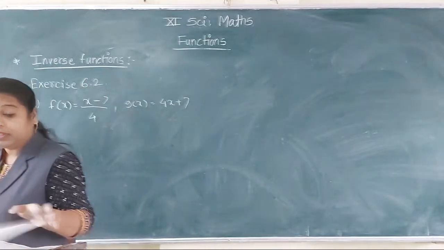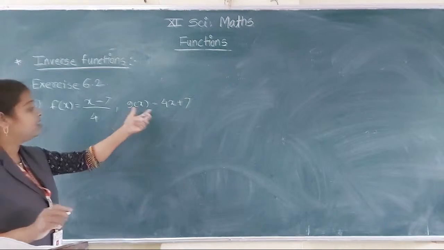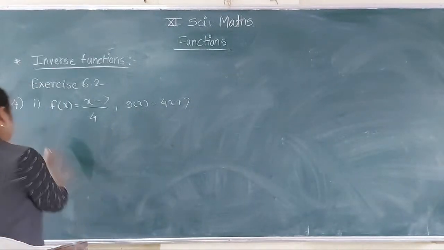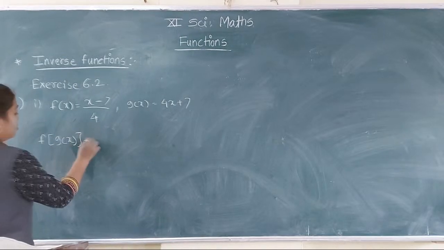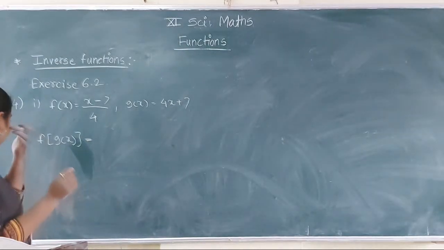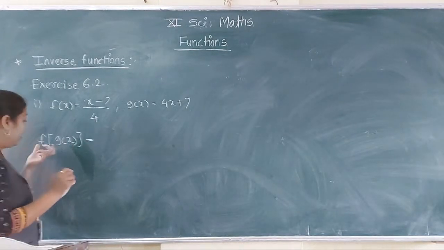Okay, f of x is x minus 7 upon 4 and g of x is this. So first of all, find out f of g of x.